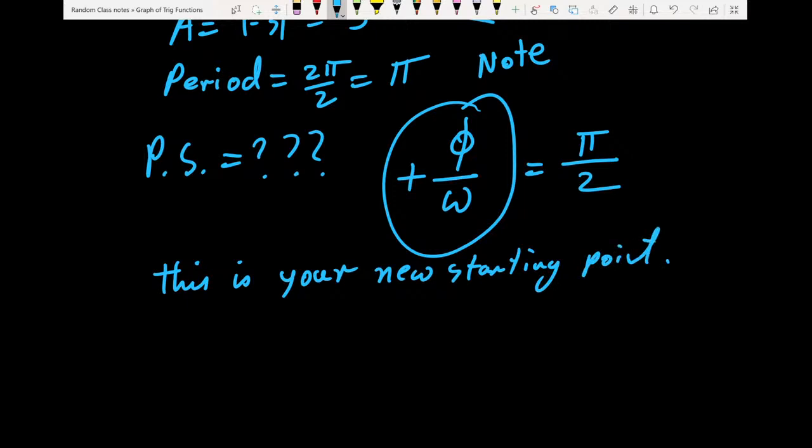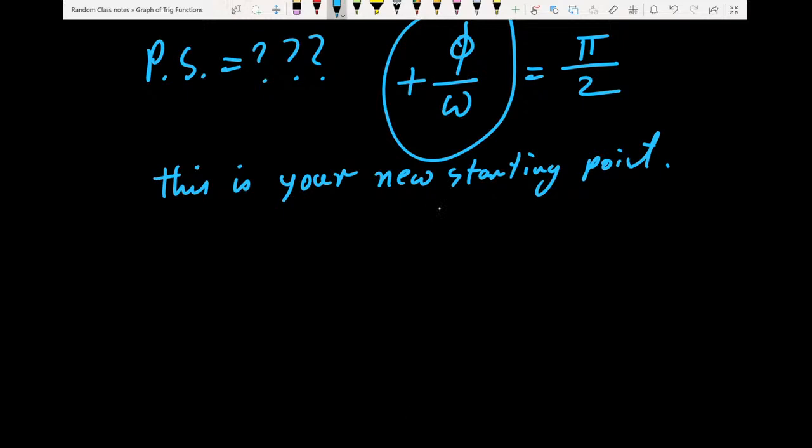Remember, we had to find the 5 key points. When you have phase shift, it doesn't start at 0. It starts at something. And now phase shift tells you that it starts at pi over 2. That's the starting point. Now, where's the ending point?